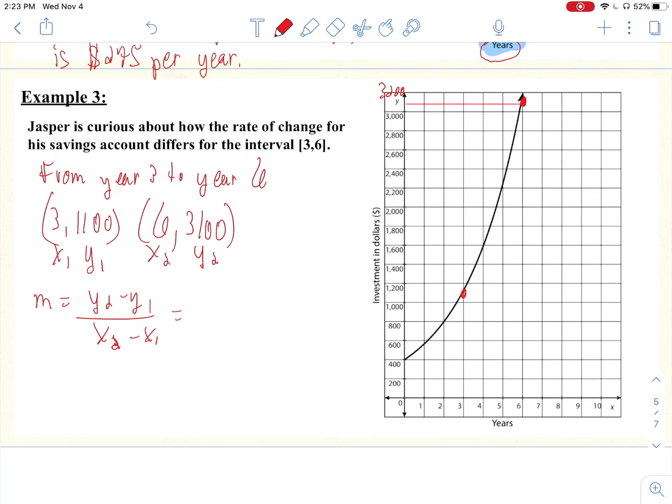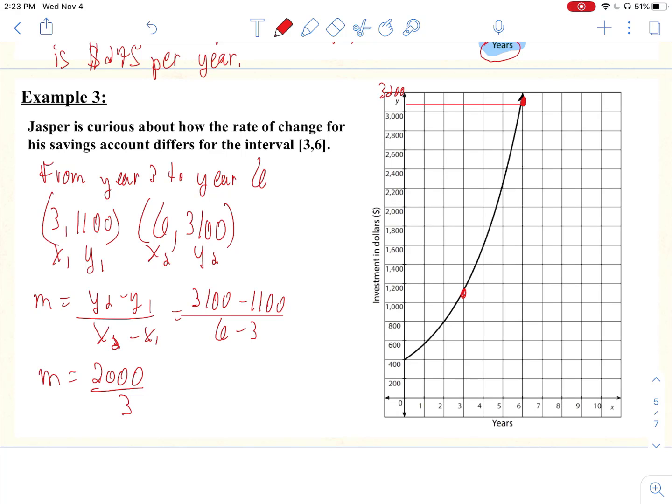If I substitute my known values in, we're going to have 3,100 minus 1,100 over 6 minus 3. When I calculate 3,100 minus 1,100, that's going to bring me to 2,000. Then 6 minus 3 is going to give us 3.